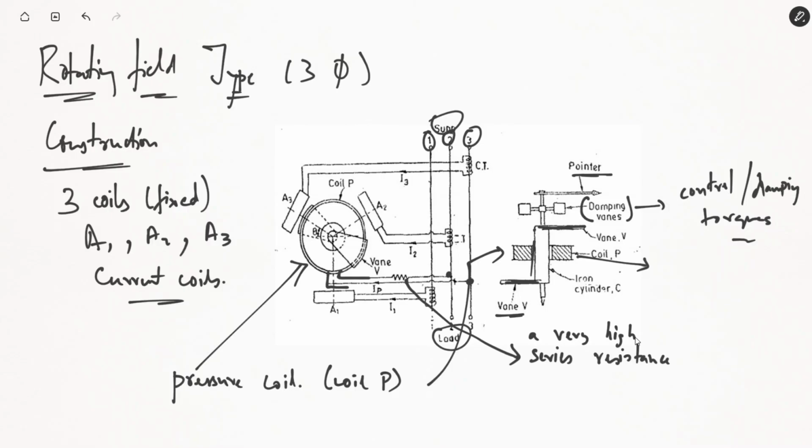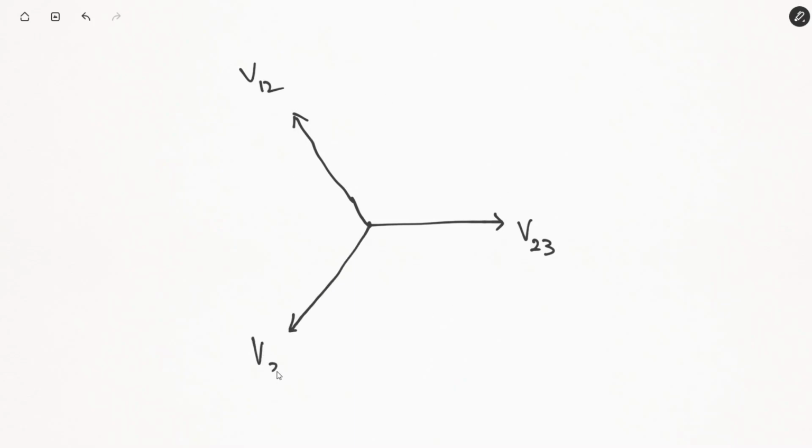So let's first of all see the phasor diagram of this. I am taking V23 as the reference. It's the line voltage that's applied to the pressure coil. So you'll have V12 at 120 degrees, you'll have V23 and you will have V31.